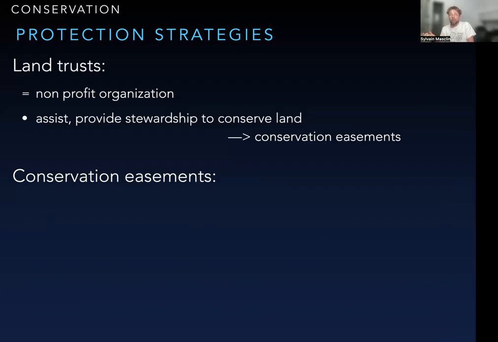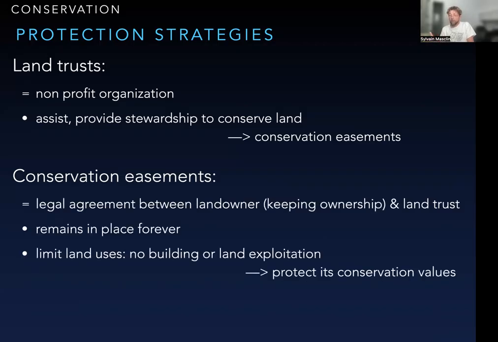Those conservation easements are in fact agreements made between whoever owns the place that we want to protect, which can be a private owner, and the land trust, which will be in charge of making sure that the place is protected and of regulation.